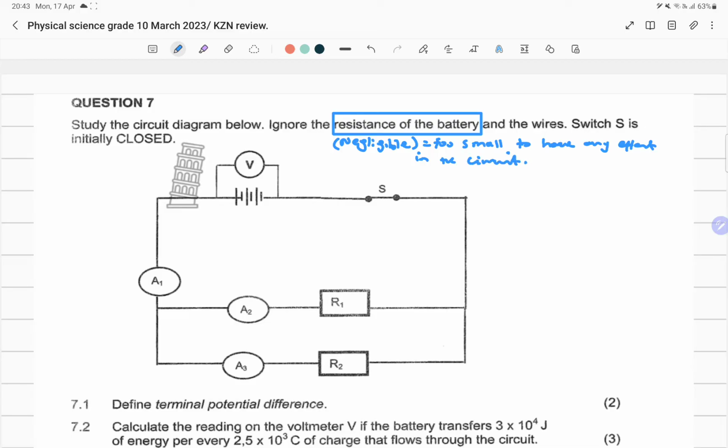Okay, so meaning you can just forget about it. Basically, it does not lead to any energy dissipation whatsoever. So that means whatever the battery is supplying is exactly what we're getting.